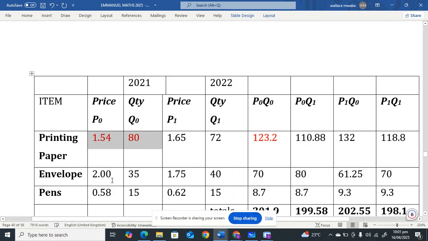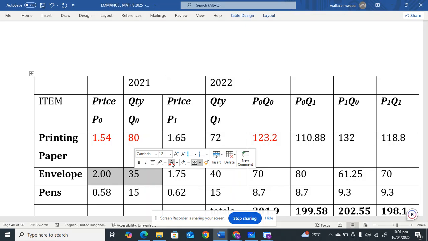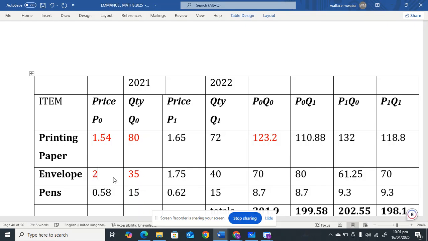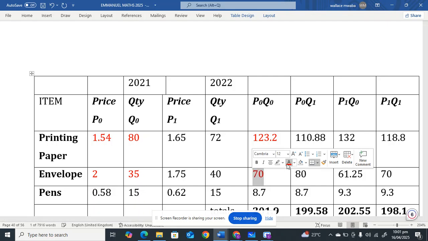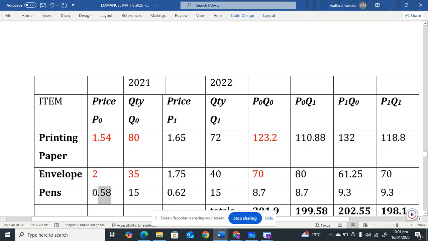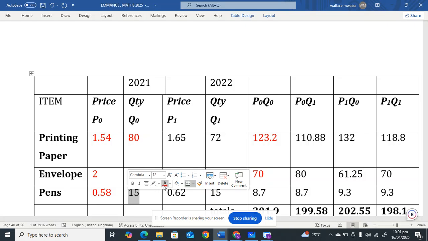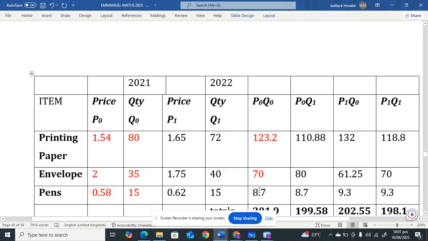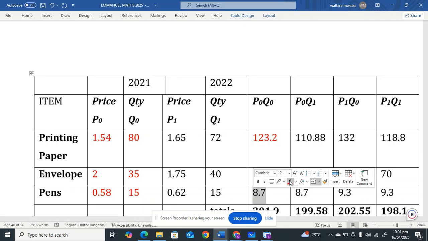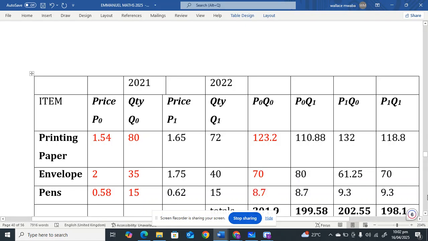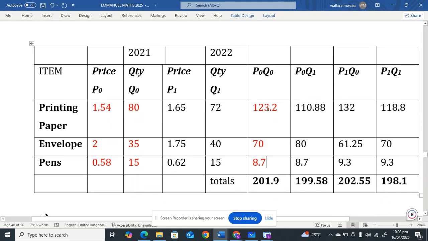For envelopes, 2 times 35, 70, right? 0.58 times 15, 8.7. Okay, and you get the total. 123.2 plus 70 plus 8.7. What do we get?